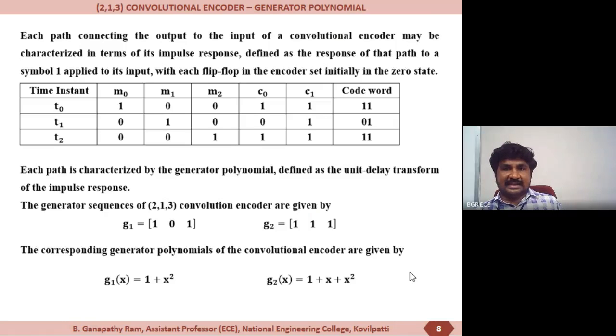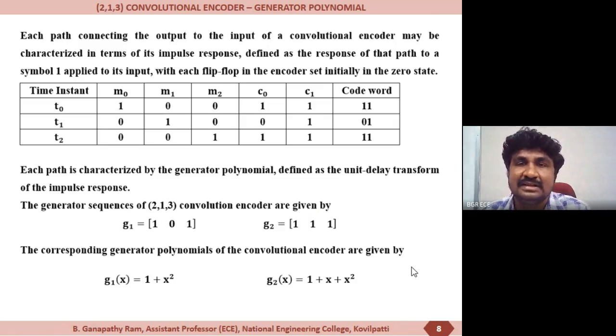Let us determine the impulse response of the convolutional encoder, and with the help of the impulse response, we can determine the generator polynomial of the (2, 1, 3) convolutional encoder, or we can simply say it is a 1/2 rate convolutional encoder.